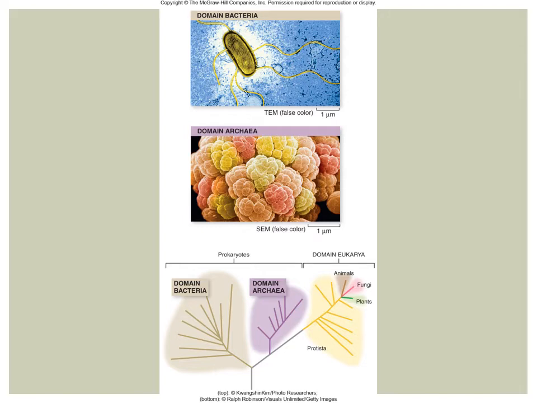We talked a little bit about classification in chapter 14, but they were named because somebody at the beginning thought that they must be the oldest living organisms, and now we realize that they're a little more closely related to us, so they're probably not the oldest.